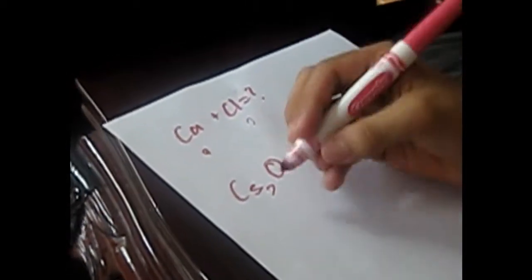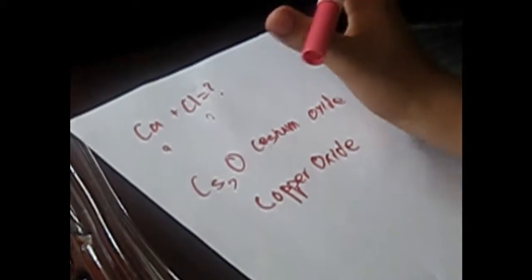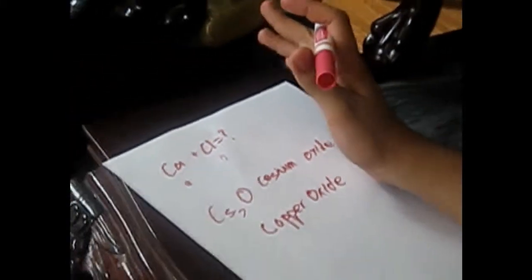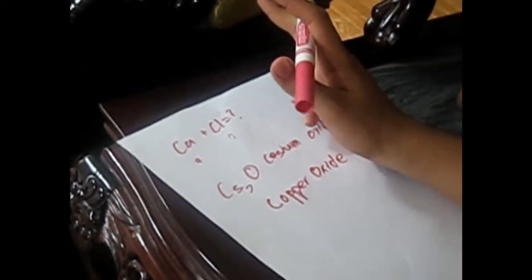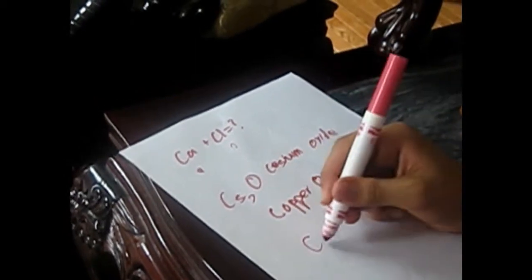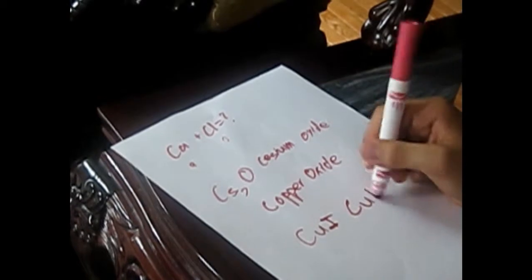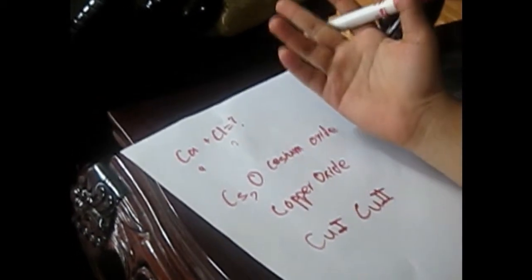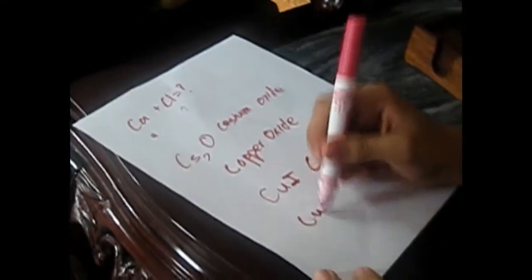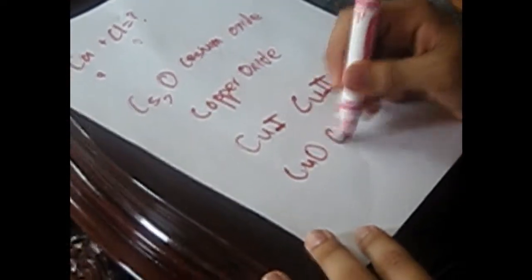However, if it were copper oxide, it could be written as two formulas, since copper takes two forms of cations, copper 1 and copper 2. Switching the charges, you should get either Cu2O or CuO.